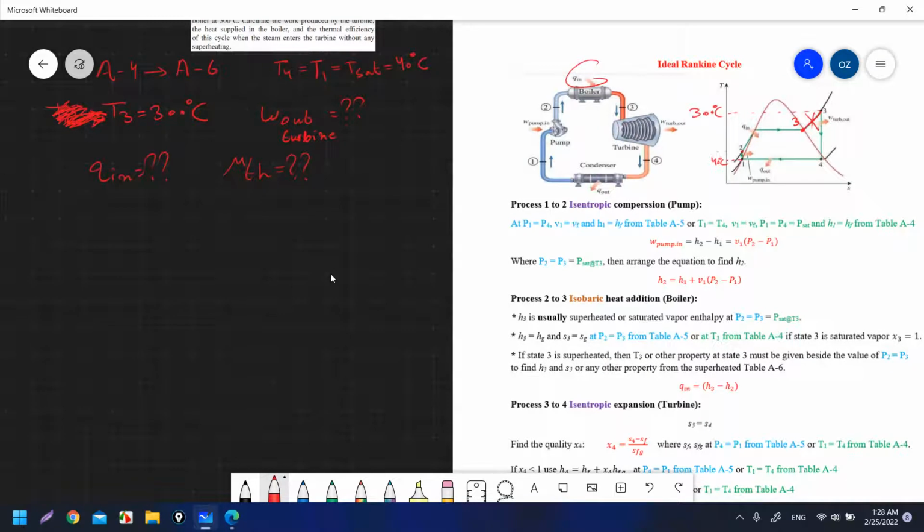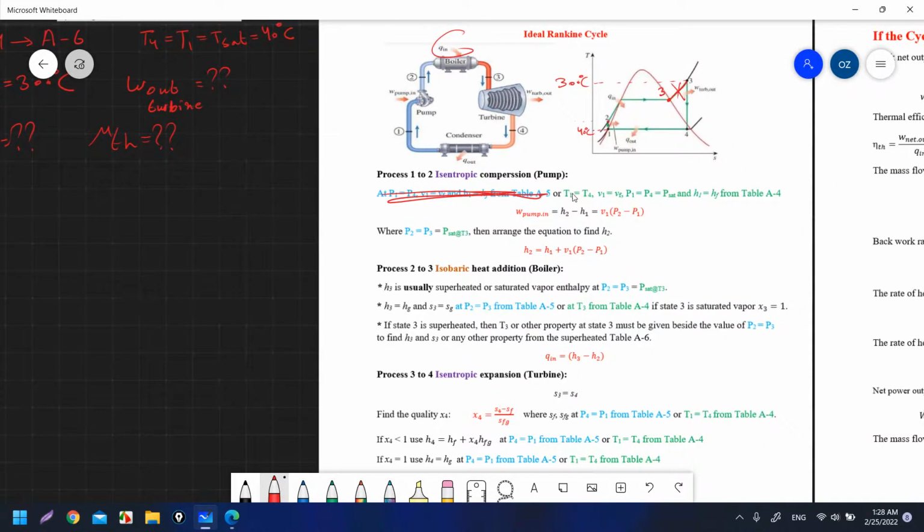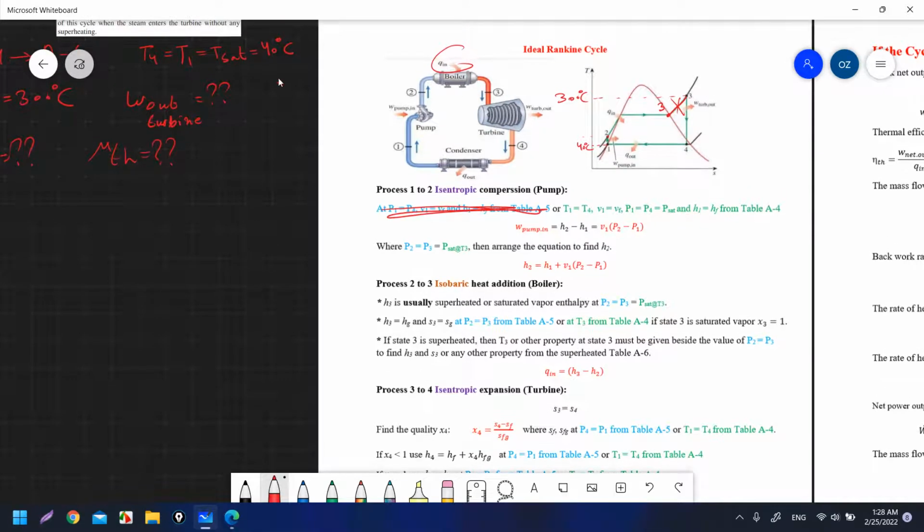I am giving two temperatures and I don't have any pressure, so I will use the green. So for the green, I have T1 equal to T4. I can find v1 equal to vf, and v1 equal to v4, which is equal to v sat, and h1 equal to hf from table A4 at T1 equal to T4 equal to T sat.